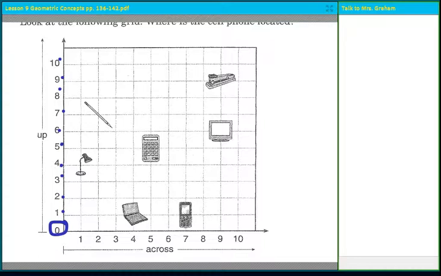This is 0 because it was 0 on the other side as well, and then we have 1 through 10. Anyway, all of that is just numbering the lines. So if I put blue on this line, I am numbering the 9th line going across. That's all I'm doing. It's literally just that number.